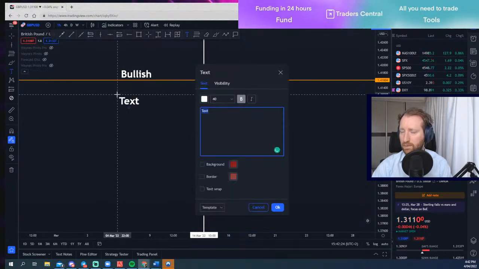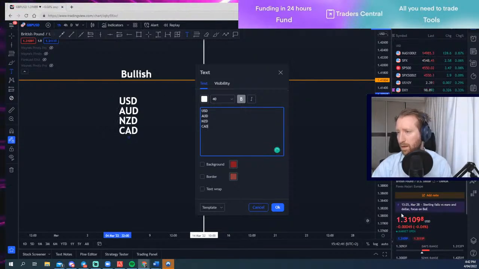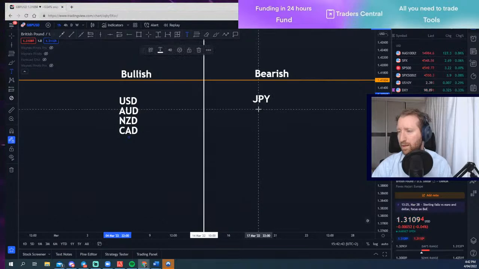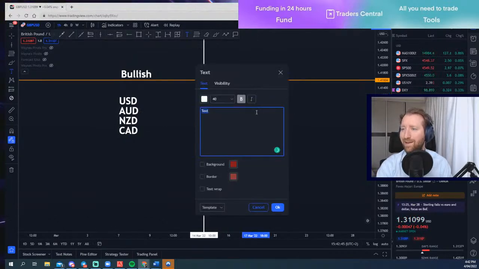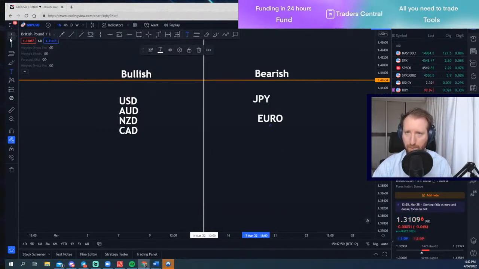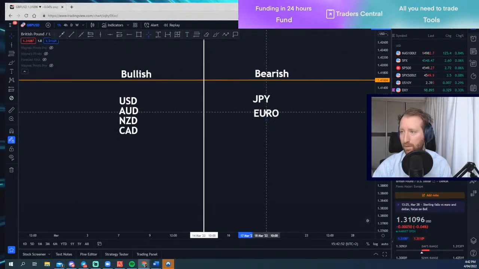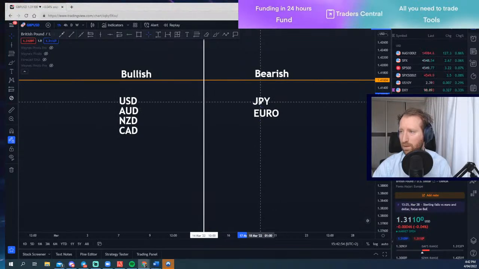I believe that more than anything else. Dollar will be strong for some reason. Australia, New Zealand, CAD will be strong in April. Euro, on the other hand, until we get inflation, might be bearish. That's kind of what I believe, ahead of the curve kind of thing.